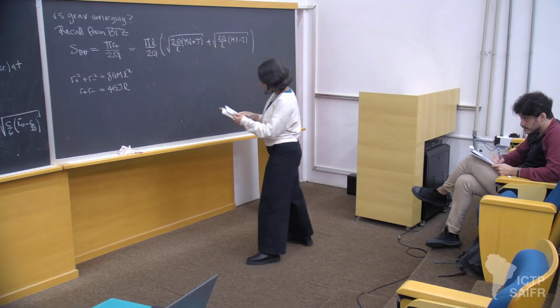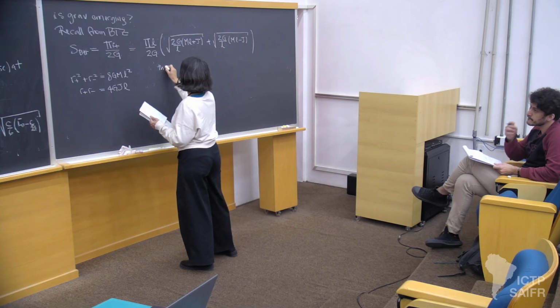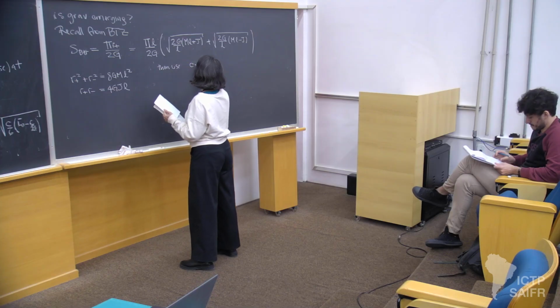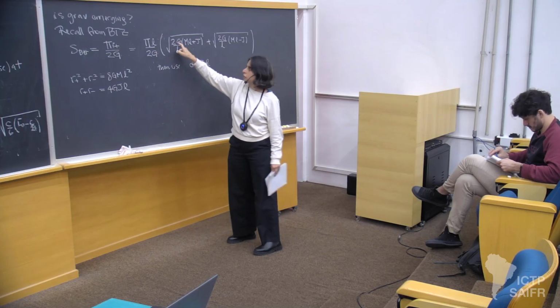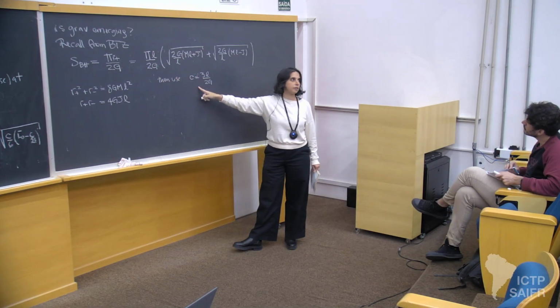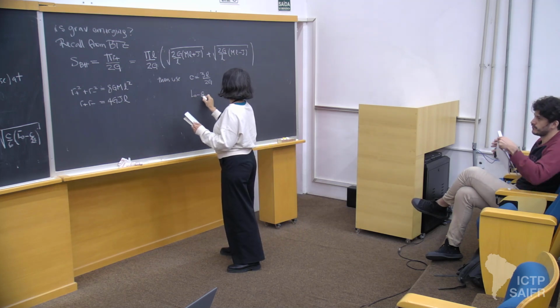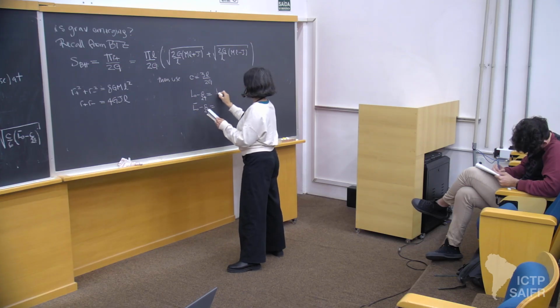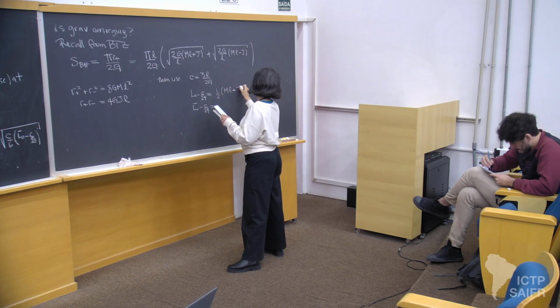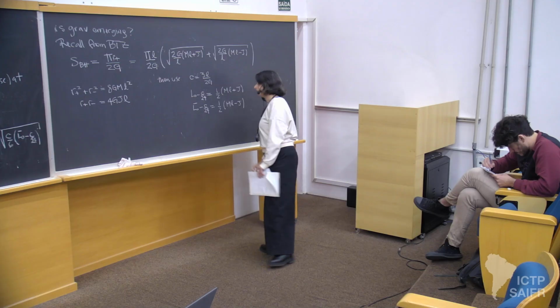And if then you use that c is equal to 3L over 2G, so instead of using G Newton, trade it for the central charge, and that the map between these two things is this.